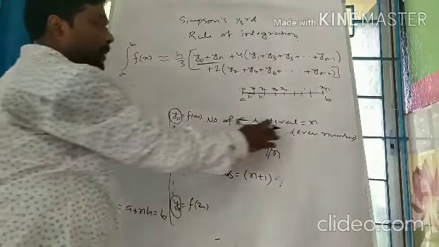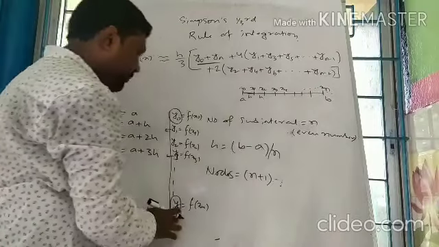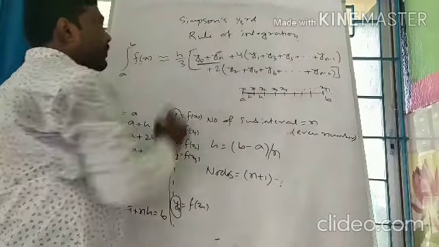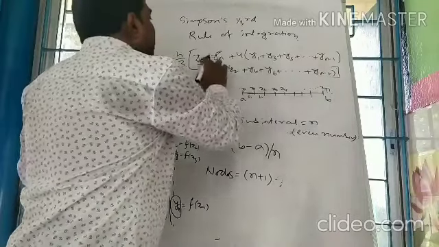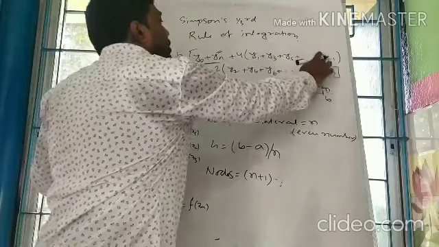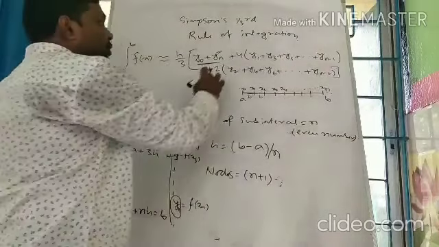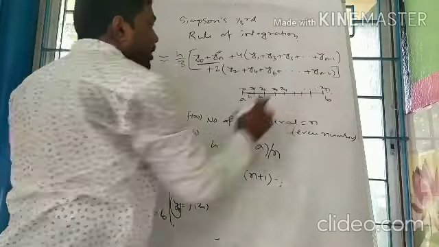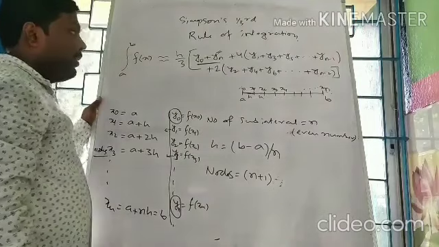So it is y0 plus yn plus 4 into (y1 plus y3 plus y5 up to y(n minus 1)), the sum of all odd ordinates, plus 2 into (y2, y4, y6 up to y(n minus 2)), the sum of all even ordinates.